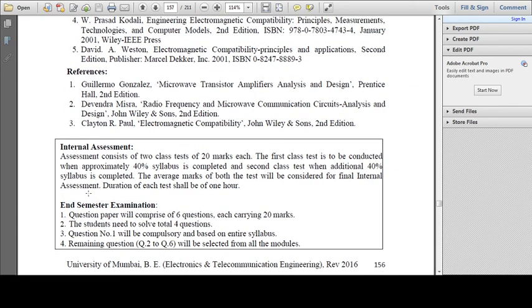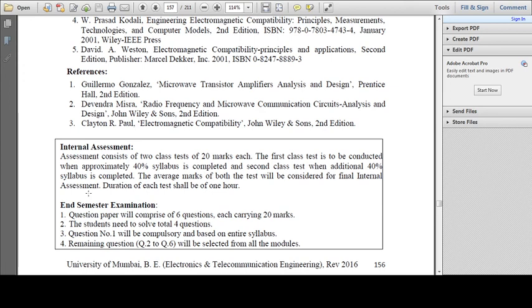This subject consists of internal assessment, 2 class tests of 20 marks each. The first class test consists of 2 modules, approximately 40% of the syllabus, and the second consists of 40% of the syllabus. The average marks of both tests will be considered as the final internal assessment. The duration of the test should be 1 hour.